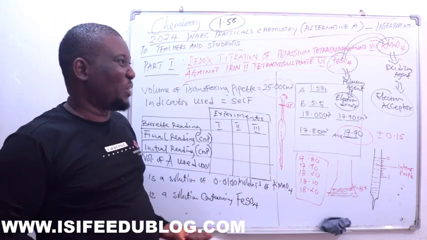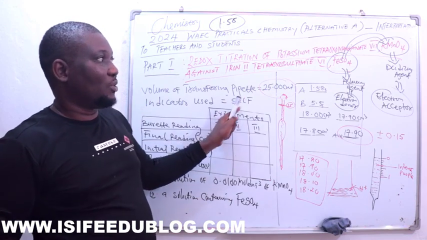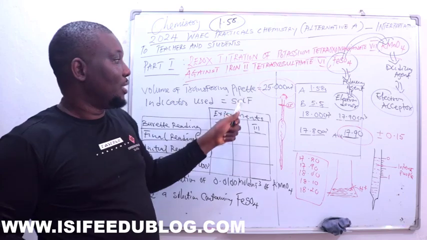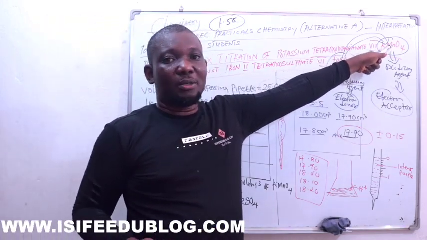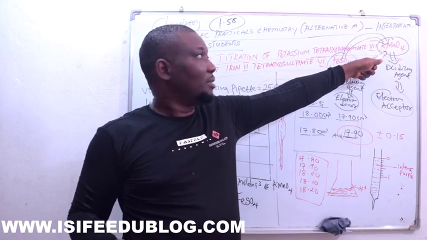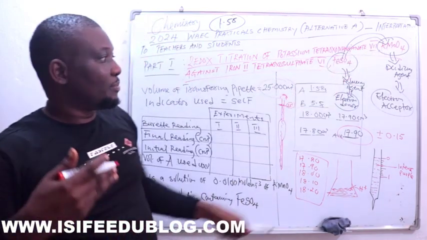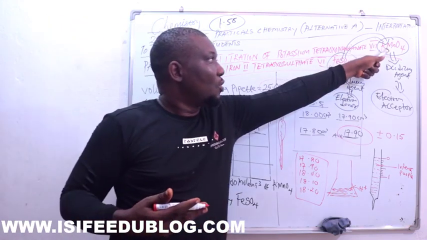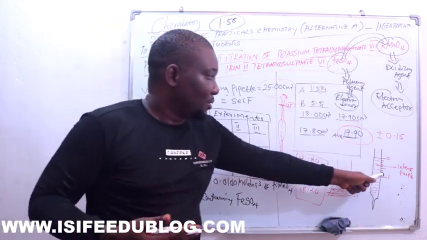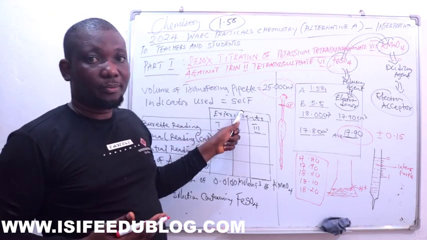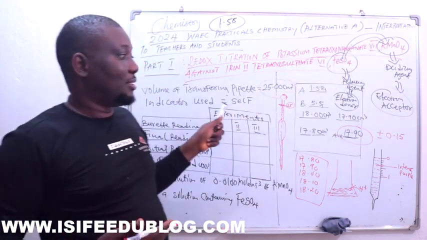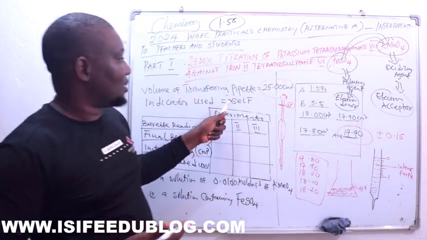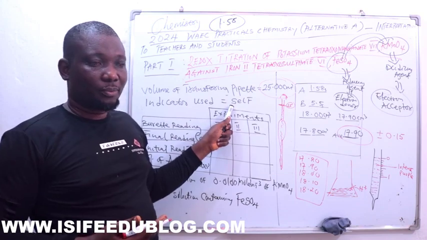And the indicator itself is KMnO4 in the reaction. That means it is having a dual purpose in the reaction. It is acting as both oxidizing agent and also an indicator. In the reaction, it does 2 functions: as an oxidizing agent or titrant, and as well an indicator.